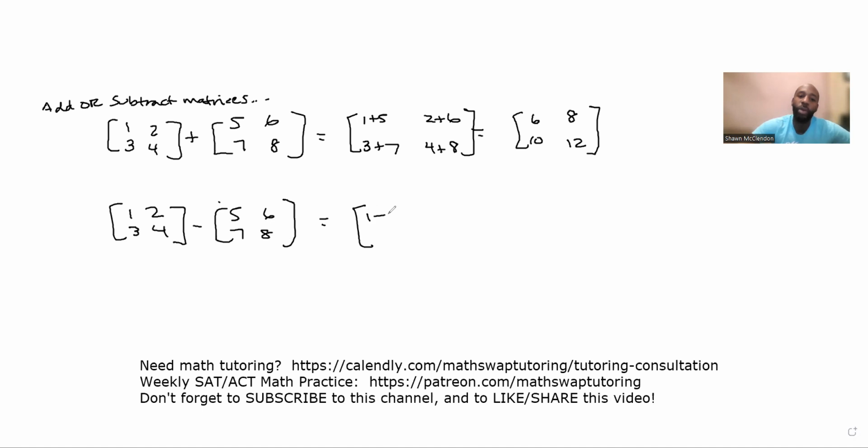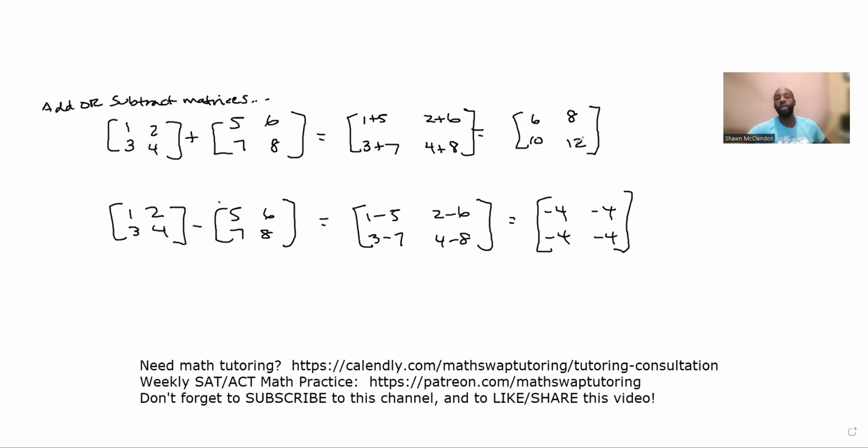So that's going to be 1 minus 5, 2 minus 6, 3 minus 7, and then 4 minus 8. So this one just so happens to be -4, -4, -4, and -4. Now, don't think that just because we have all -4s here that it's some sort of special situation. It just works out this way because I picked those numbers. So don't get confused by that.